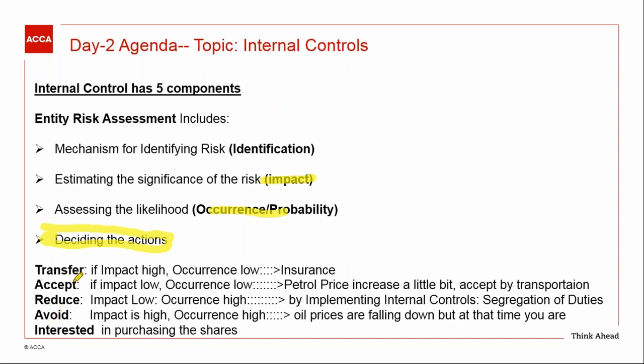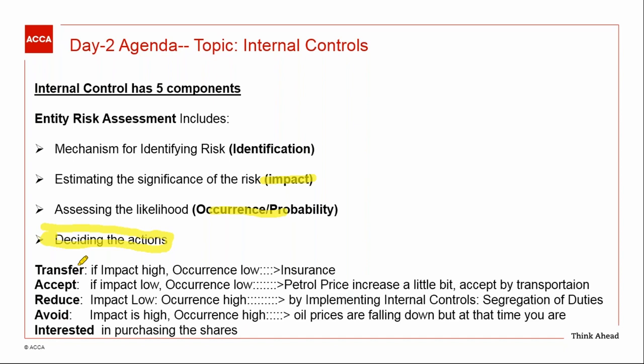So there are four possibilities of what we can do about any predicted risk. These are the four strategies you can apply for the forthcoming risk.